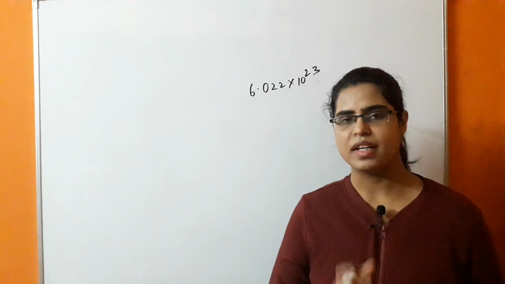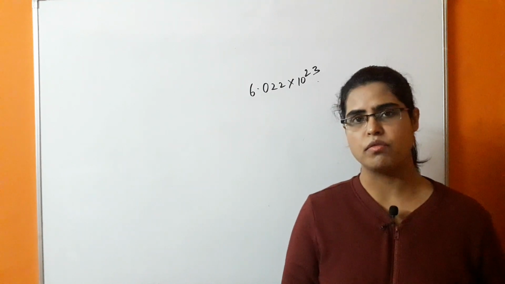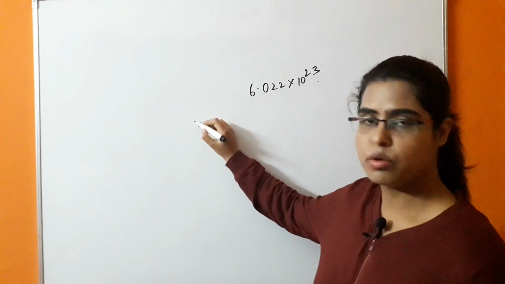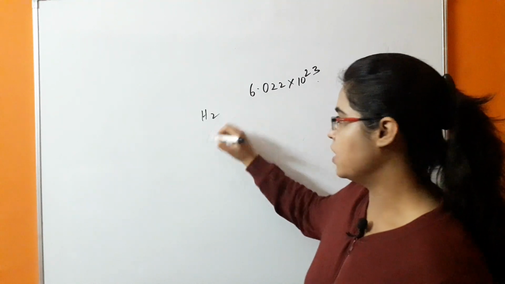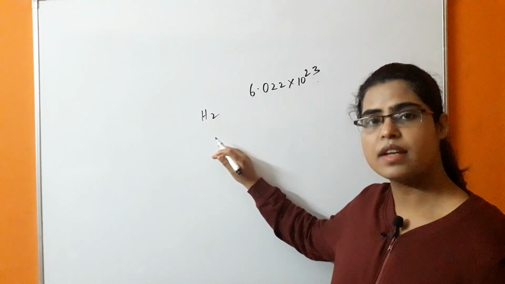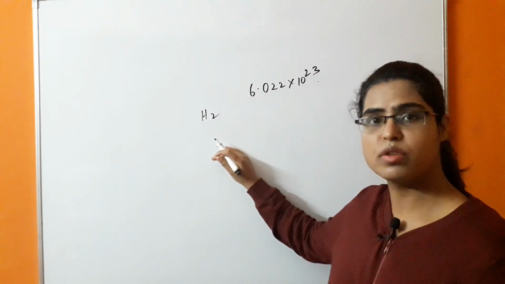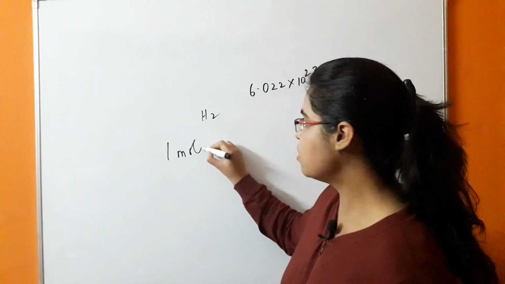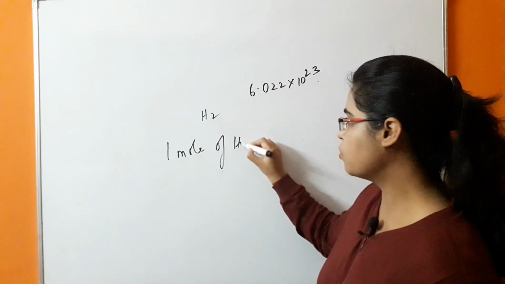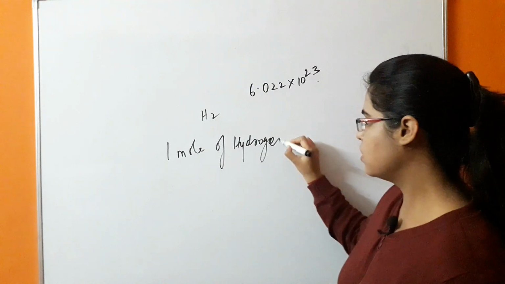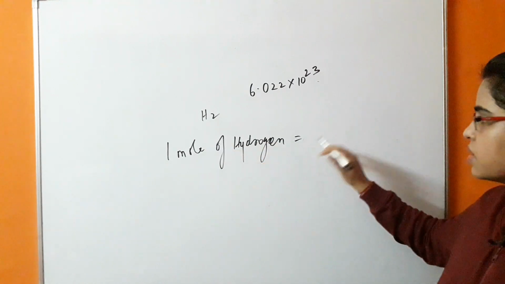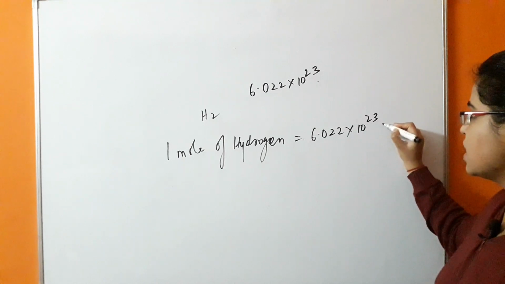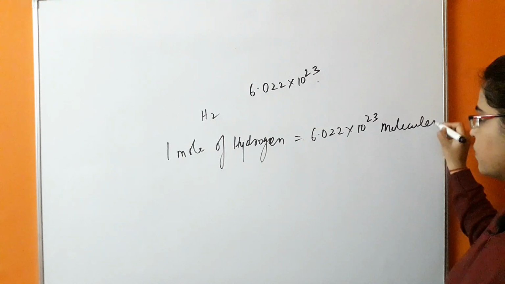So if we are calculating the number of atoms in 1 mole of hydrogen, what happens? We know that 1 molecule of hydrogen has 2 atoms. If we are calculating in terms of molecules, 1 mole of hydrogen consists of 6.022 into 10 to the power 23 molecules.